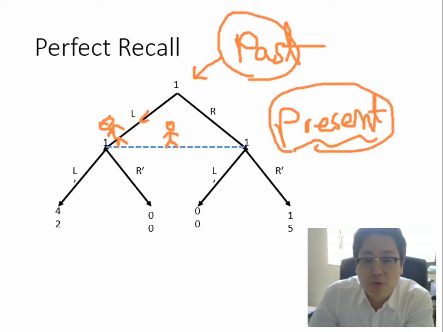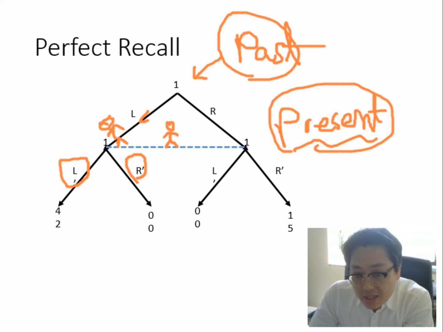So at present, the player can now choose between L prime and R prime. But if I'm connecting those two lines, what it means is that now I don't know where I'm standing between this node and this node.